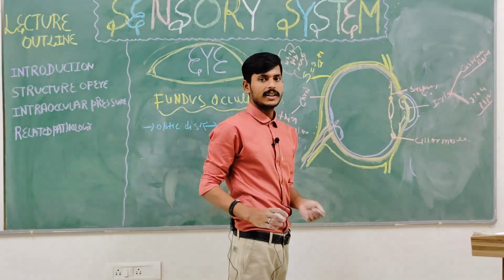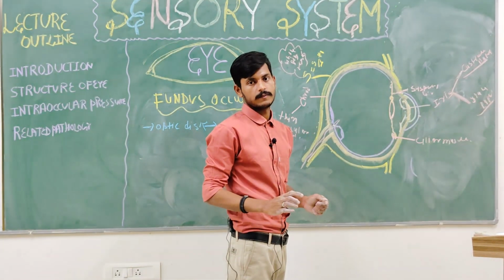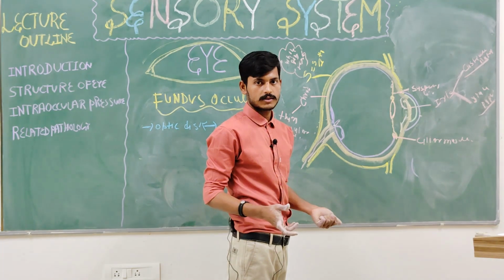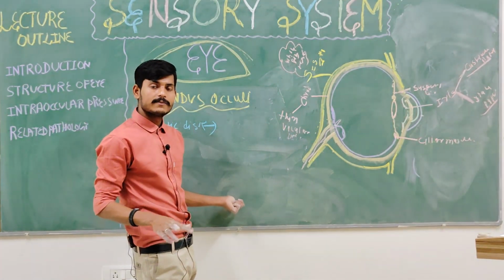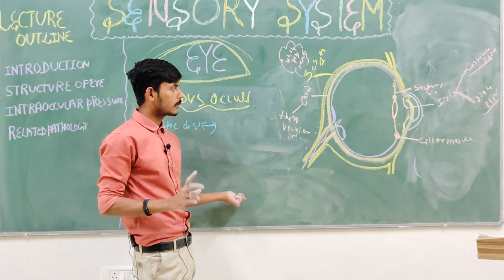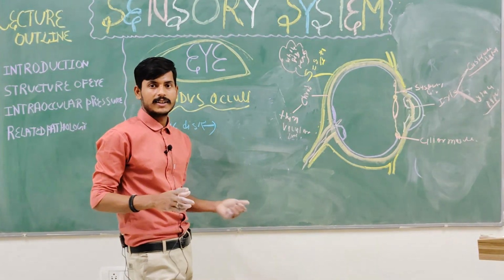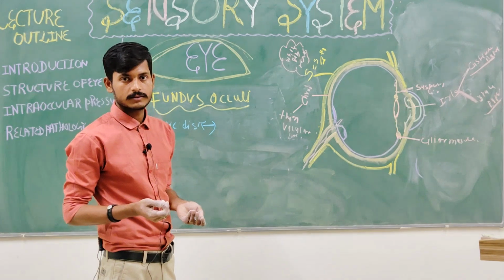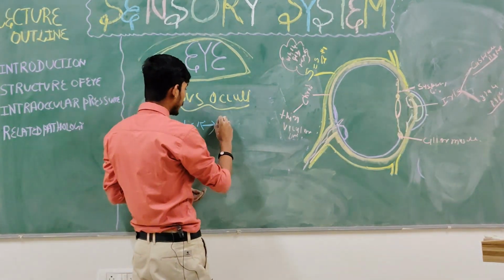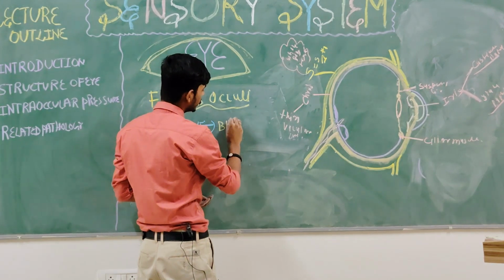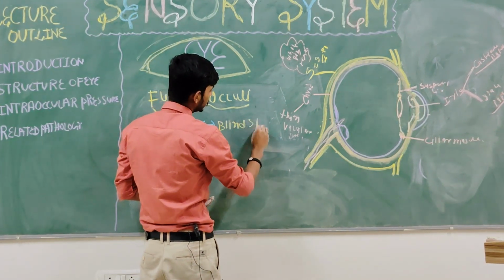In the optic disc, there are no rods and cones. You know that rods and cones are photoreceptor cells, so if they are not present, there is no image formation. That's why it is also called the blind spot.